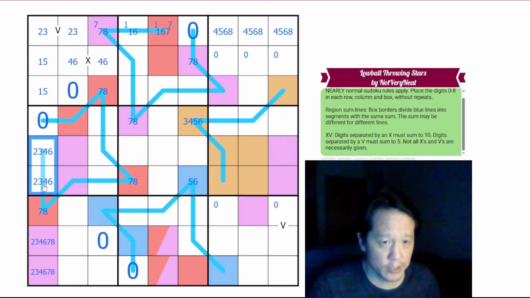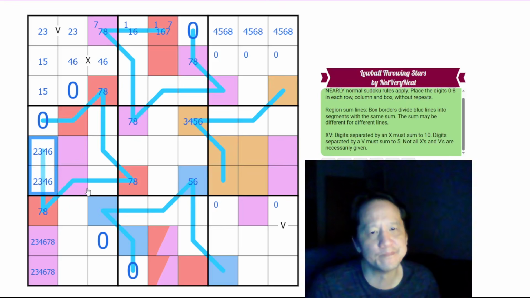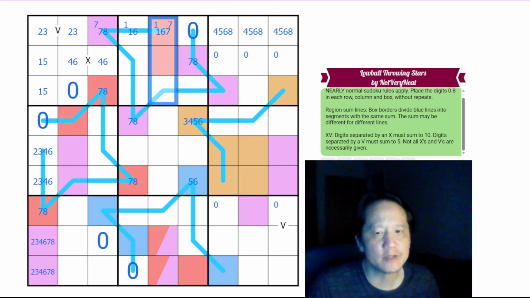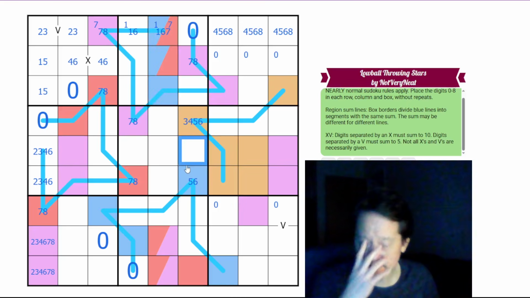So 2 and 3 doesn't work, 2 and 4 doesn't work. 2 and 6 works, or you have 3 and 4 here. We don't have any restrictions there then. Blue is one of these 3. We're not sure which.